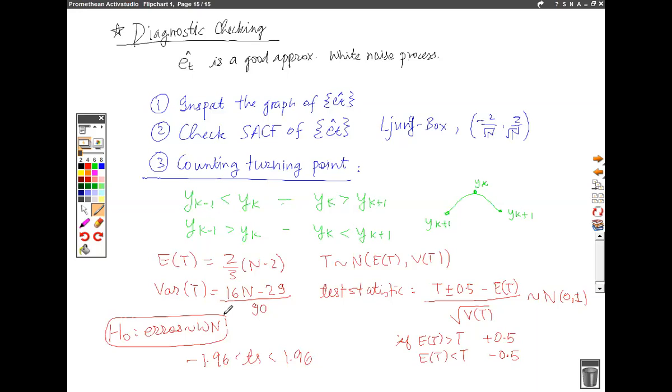This can only be applied to the residuals of the time series, not to the original time series itself, because in the original time series there will be dependency between e_t and e_{t-1}, and those will not be independent. So there might be some bias in the process. And I guess that's it about the diagnostic tests.